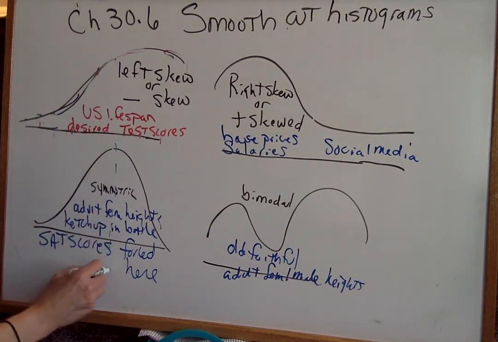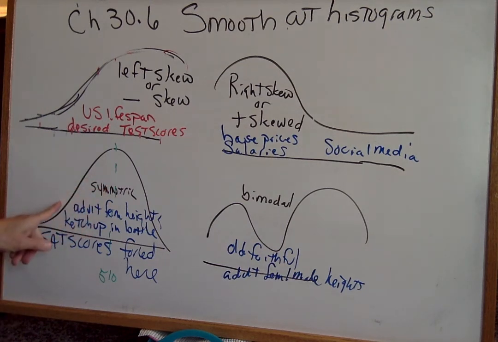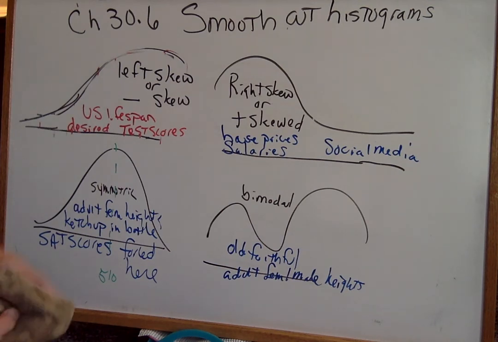And again, I think it's centered at about 510 for the math part. So 50% of students are going to get a score below average, 50% above average. That's what scaled scores are. In a few minutes, we may come back to these 4 pictures to say a little bit more about the mean and median and how they relate. We can just put it back up quickly when we get there.